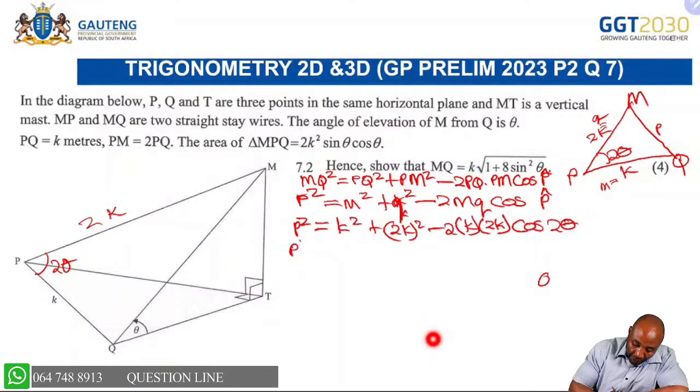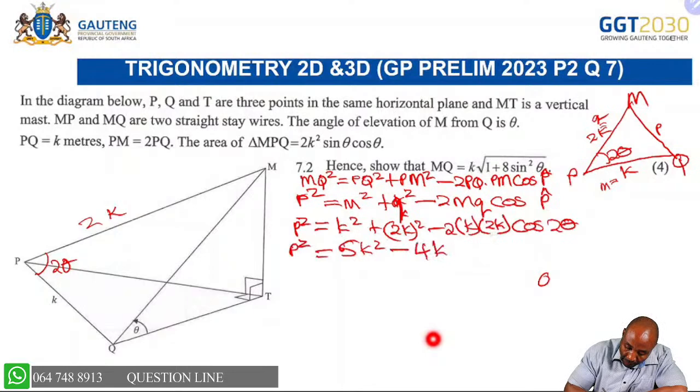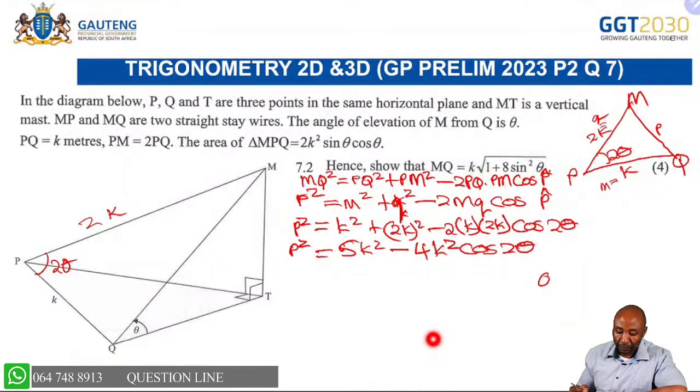When we simplify this, we'll get p squared is equal to 4k squared. This is k squared. We'll get 5k squared minus 2 times 2, we'll get 4k squared cos 2 theta. We have our identities for cos double angle. Which one is going to help us? Our answer is having 1 plus 8 sine. So it follows that we should use the one that has sine.